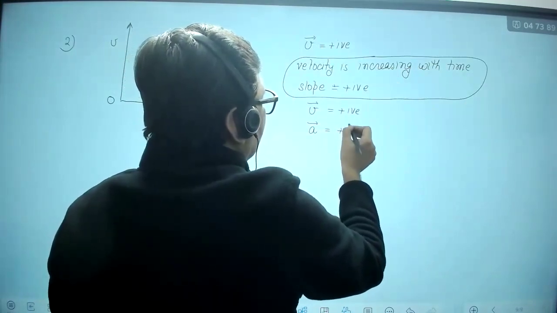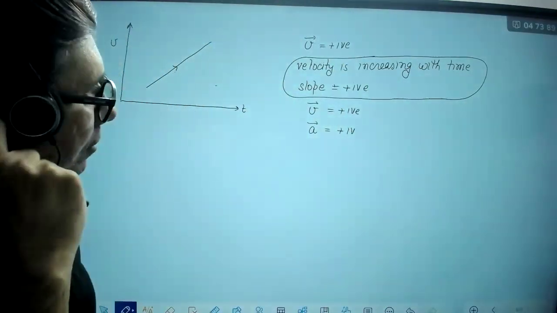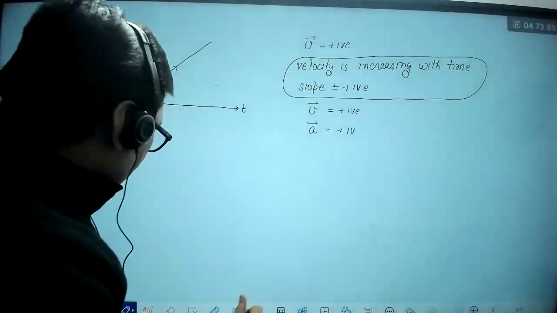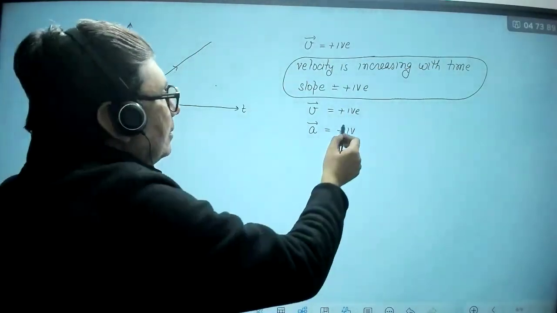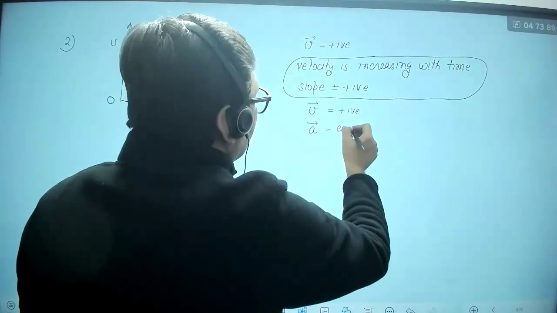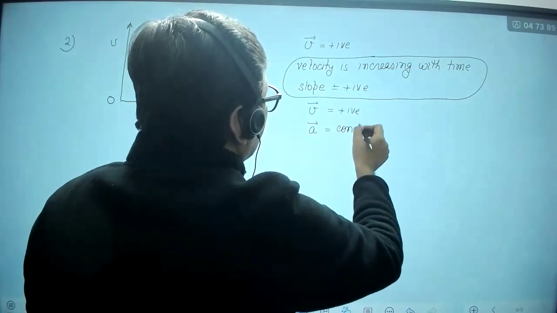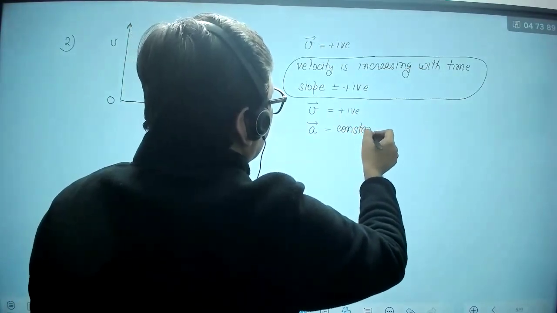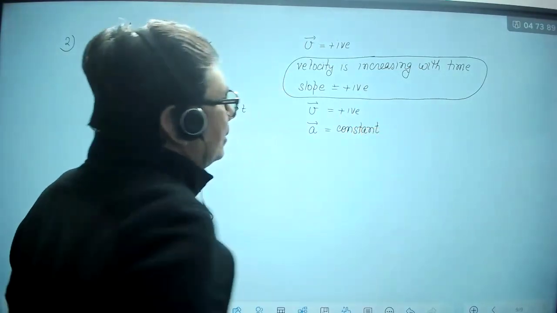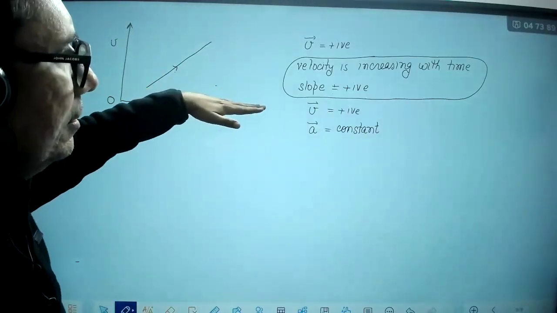The slope is positive and constant, so acceleration is constant. Try to understand, okay?